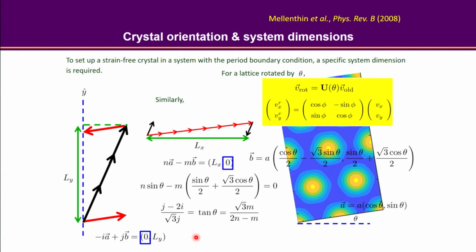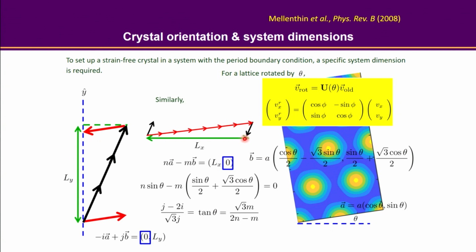Once you know that, what is your Lx? Because you know what m and n are, just plug them in for the x component here, and then you figure out your x dimension. Doing the same thing for Ly, once you know i and j, you can know the y dimension. So now you can set up the simulation for that. The m and n here are how many a vectors you go along here.